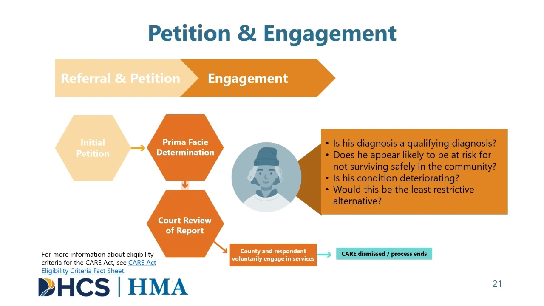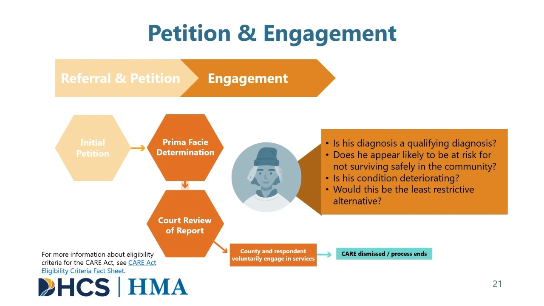So if the original petitioner was someone other than the county agency, in our case, Michael's parents, Brian and Sarah, the county agency would be asked to file a report that determines whether Michael may meet eligibility criteria. So this report would include a determination if he meets the care criteria, the outcomes of efforts to engage Michael in services, and any conclusions and recommendations.